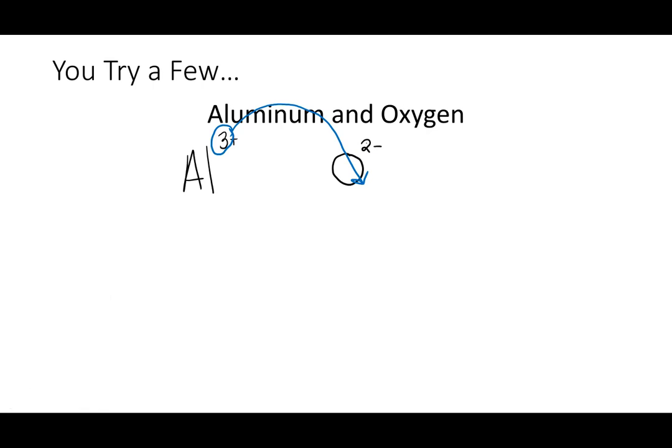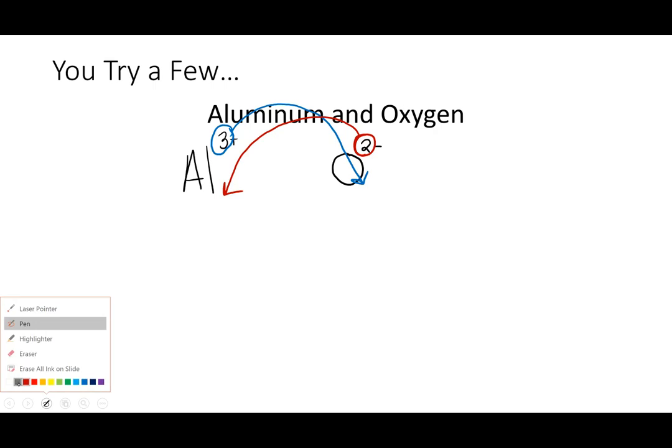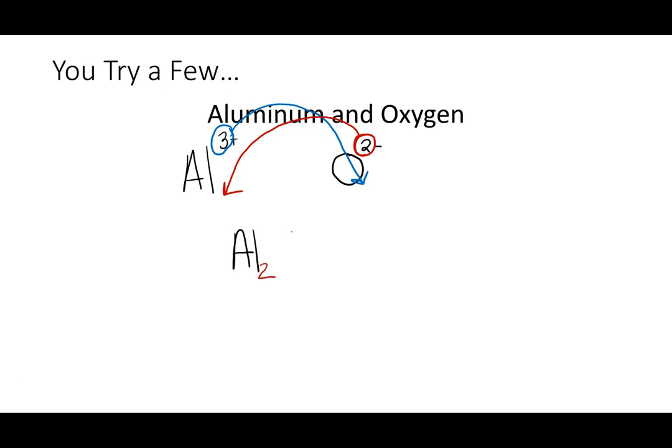And the magnitude of the charge on oxygen is going to become the subscript on aluminum. So we flippity-flop those numbers. When I write the chemical formula, I'm going to have aluminum, and his subscript is going to be the number 2. And when I have oxygen, the subscript on oxygen is going to be the number 3.